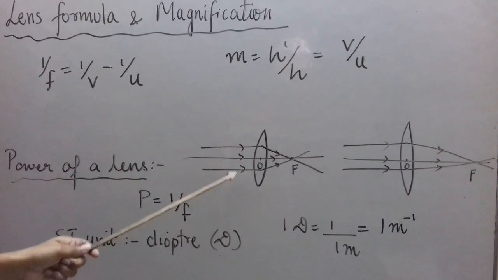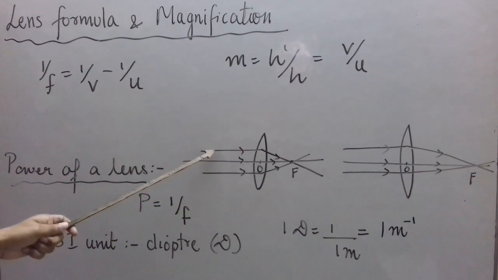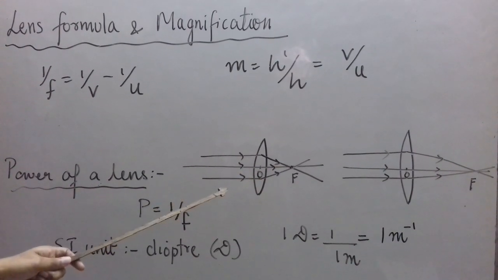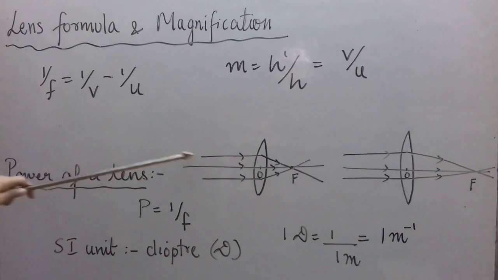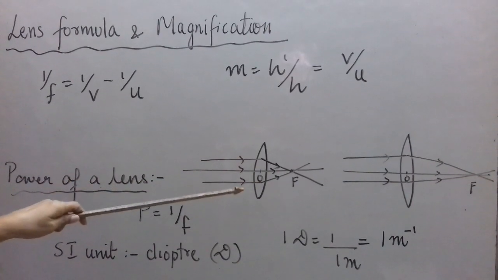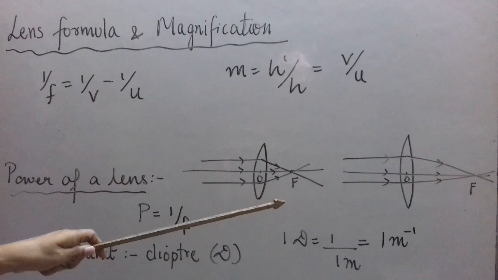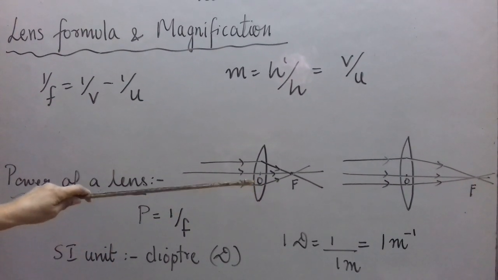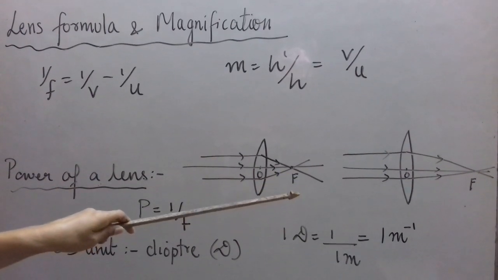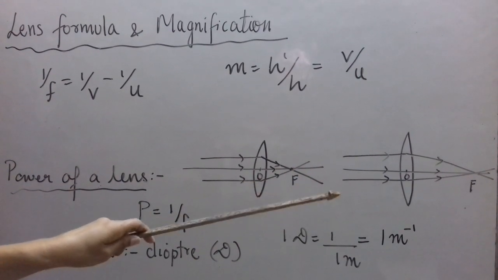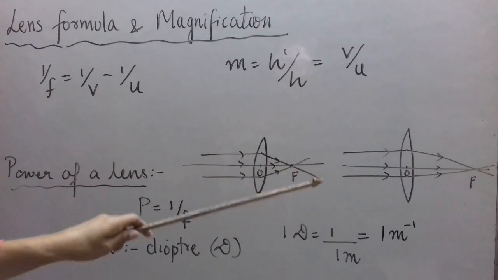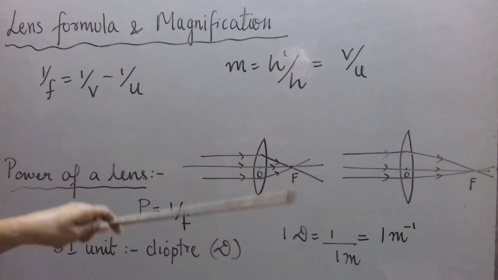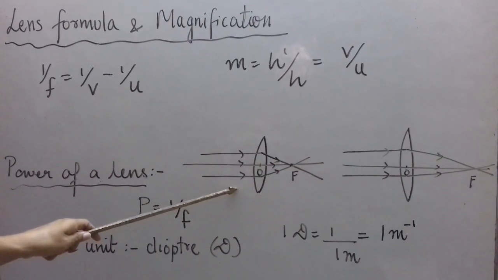Now, convex lens is a converging lens. We know that when we take parallel rays, they meet at focus. So, here through the diagram, we can say that it converges the parallel rays. It is clear from these two diagrams that here focus is lying closer to the lens. So, shorter is the focal length compared to that lens which is having focus far away, and so the distance between F and O is more in the second diagram as focus lies far away from O compared to this lens.